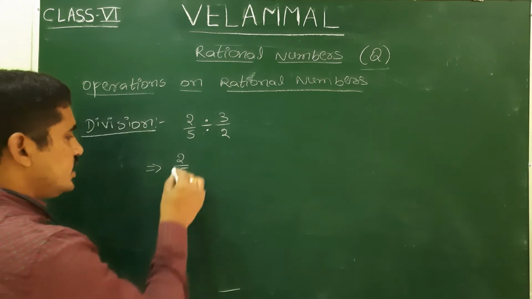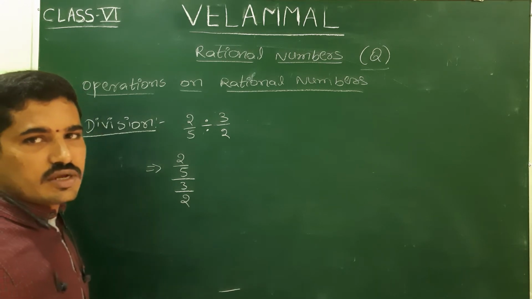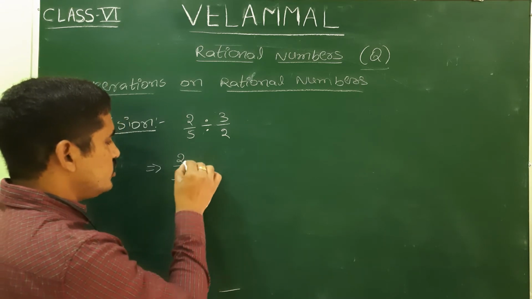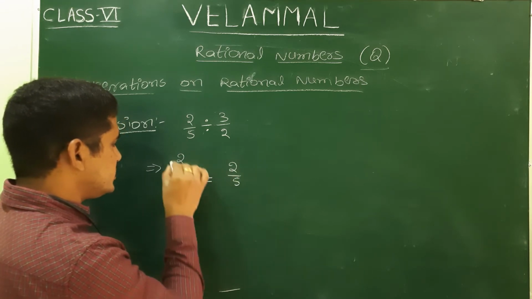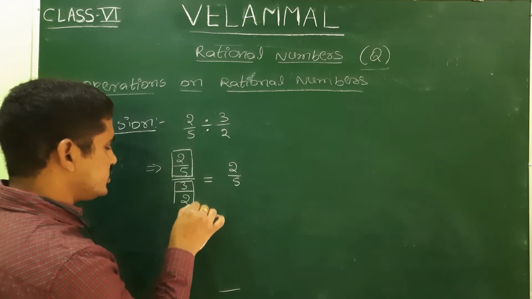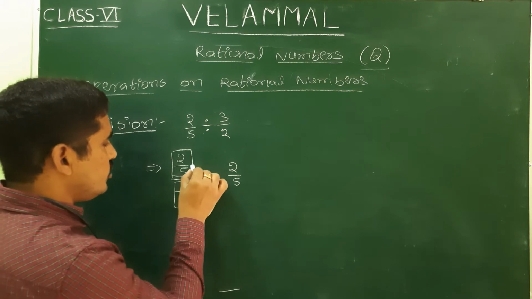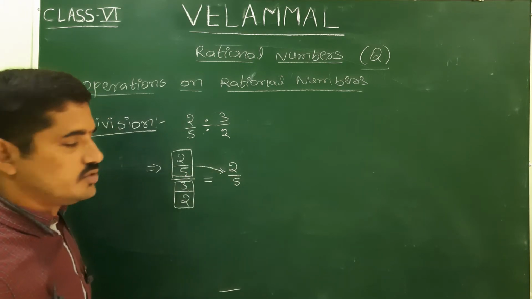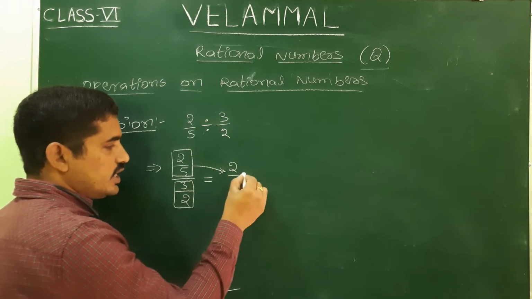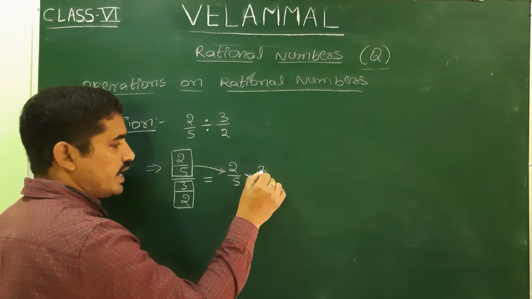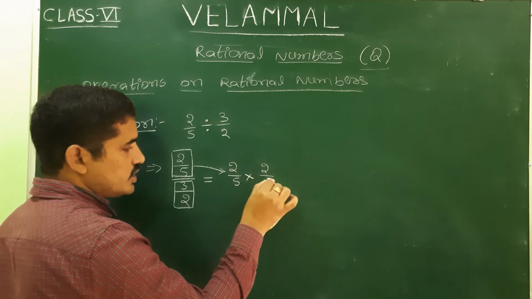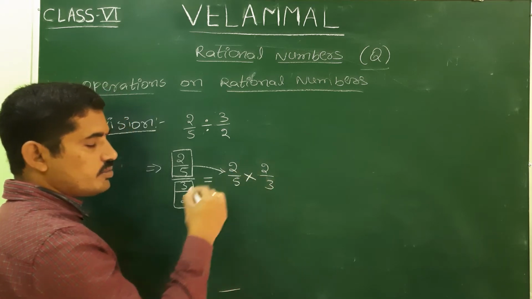In these situations, if two rational numbers are in division, the first is the numerator fraction and the second is the denominator fraction. The numerator fraction we take as it is, 2 by 5, and whenever we divide by another fraction, we take its reciprocal and multiply. 3 by 2 is given, its reciprocal will be 2 by 3, and we multiply this 2 by 3 with the first fraction.